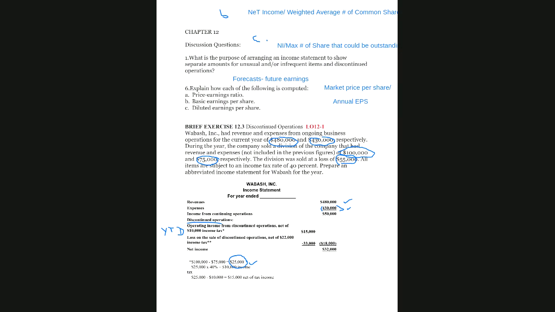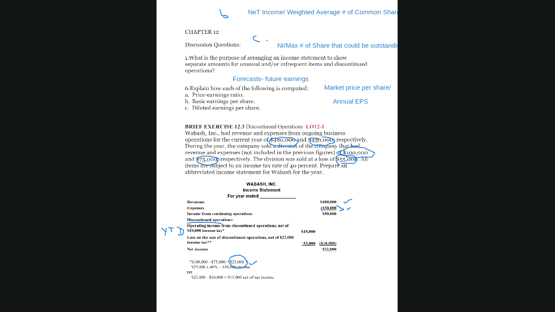Okay, but I know I basically have to report that net of the tax effect. So I'm going to take that $25,000 in year-to-date income, multiply it by the tax rate, which is given here of 40%. Okay, and that equals $10,000 in taxes. Okay, net of the tax effect.